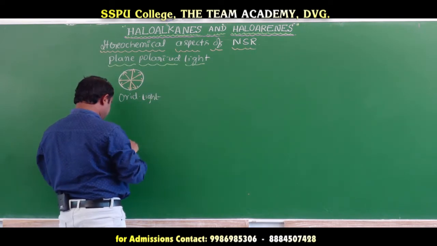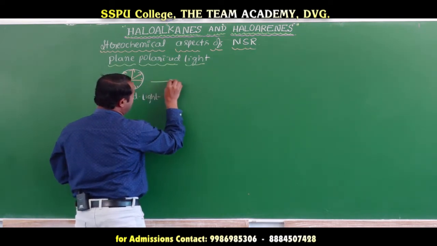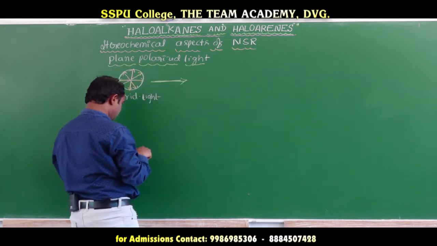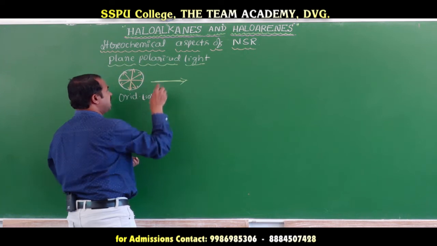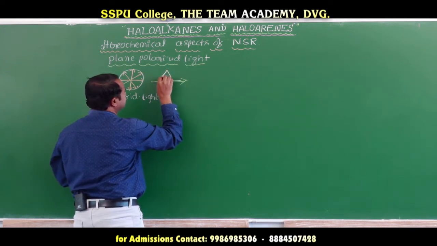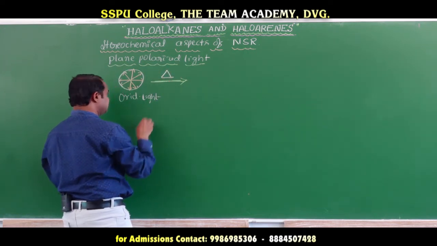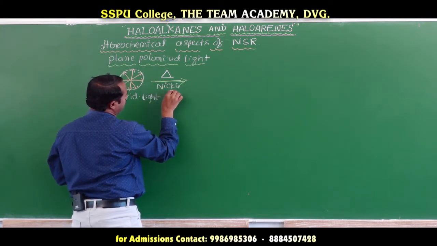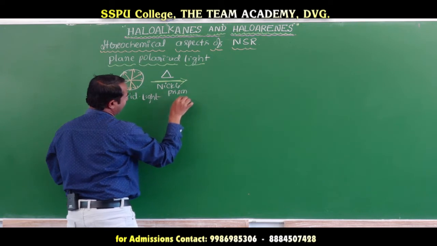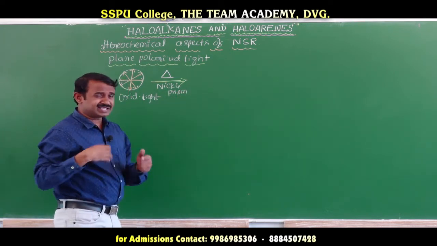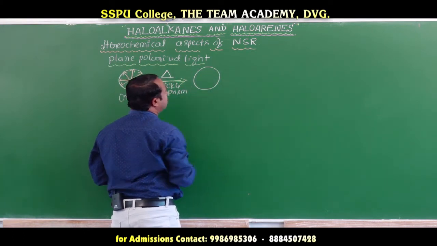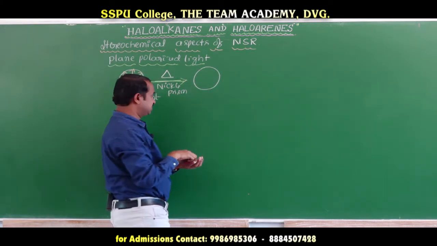When ordinary light is passed through a nicol prism, it is converted to plane polarized light.